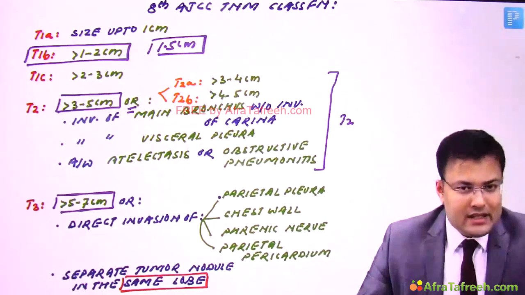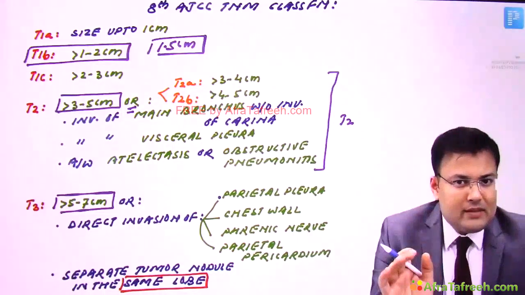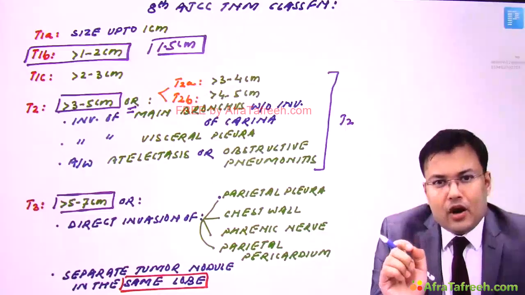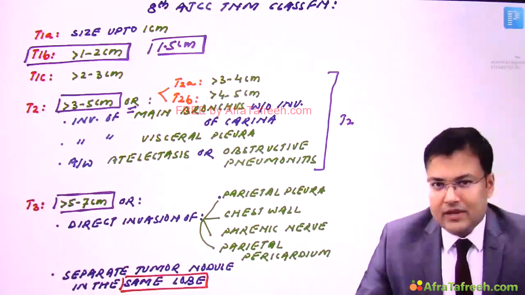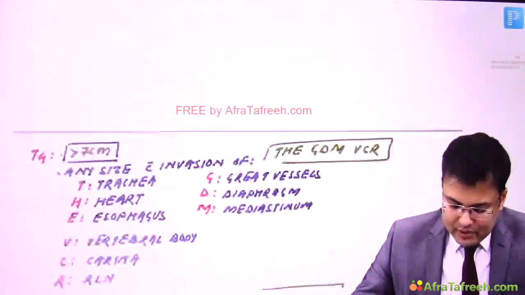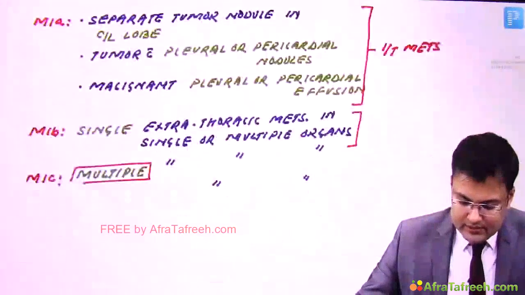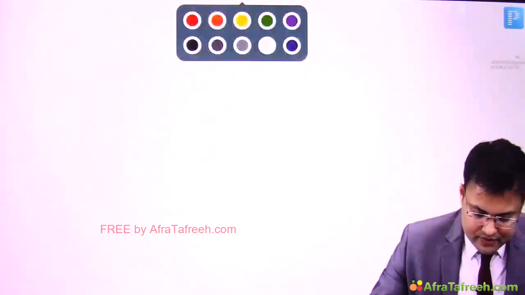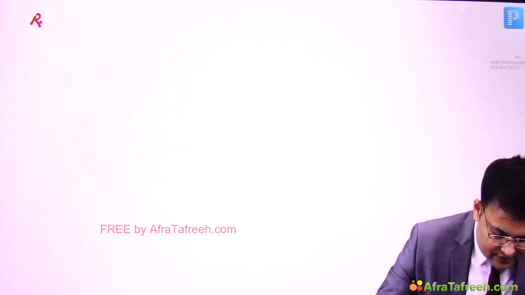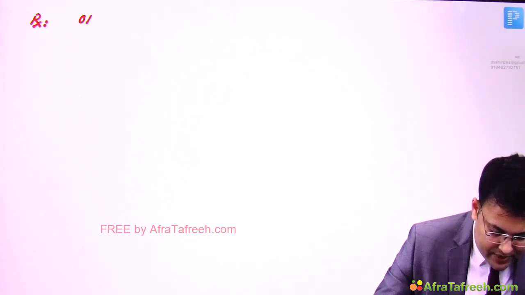See, it's very extensive. We are going to discuss the management of operable non-small cell lung cancer because this is frequently asked. So only one aspect we are going to discuss here.